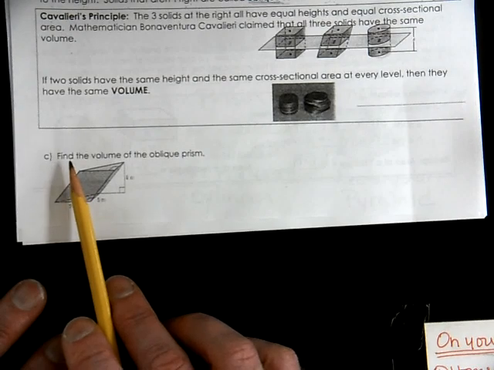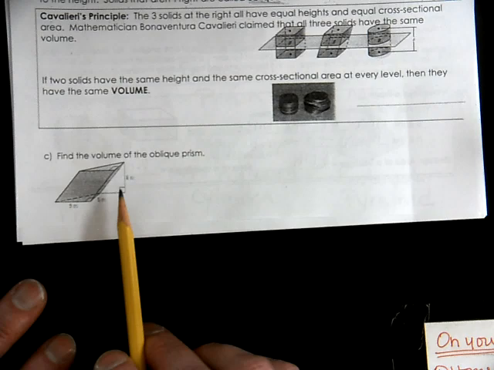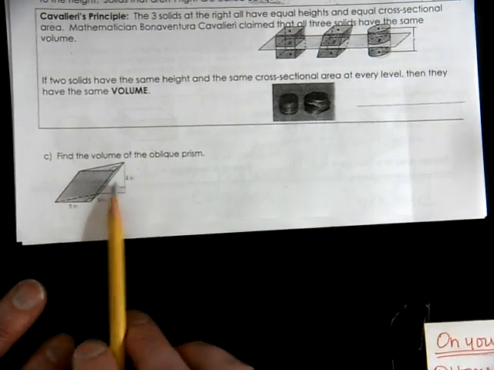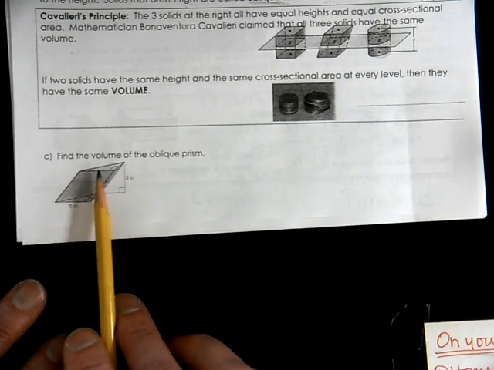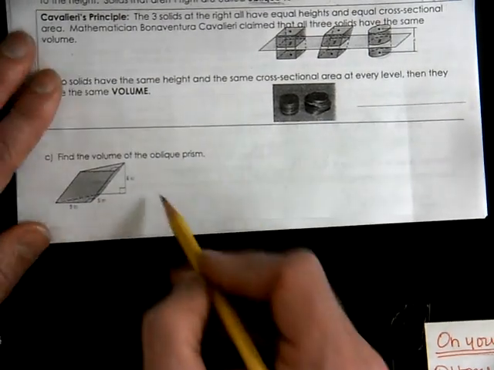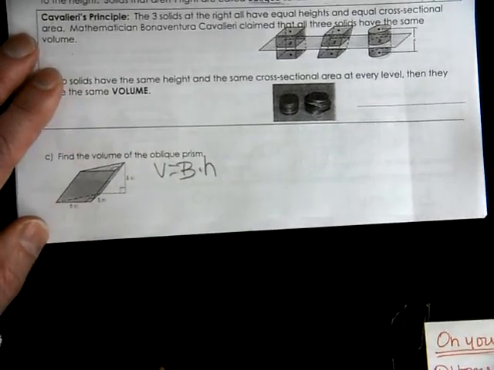So here, we're going to find the volume of the oblique prism. As we lean it sideways, it gets a little bit shorter. The further you lean it the shorter it becomes. But the formula is still the same. It's the base times the height.